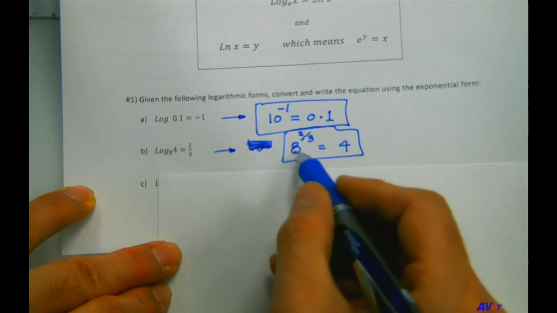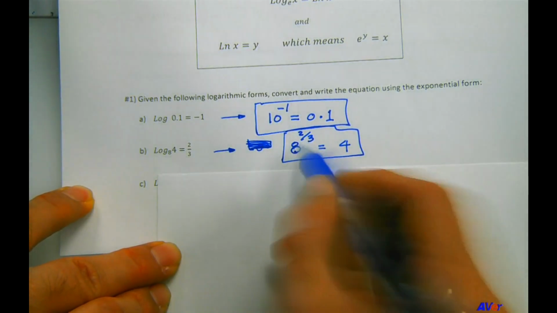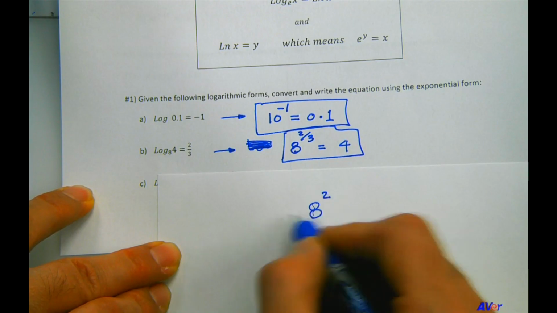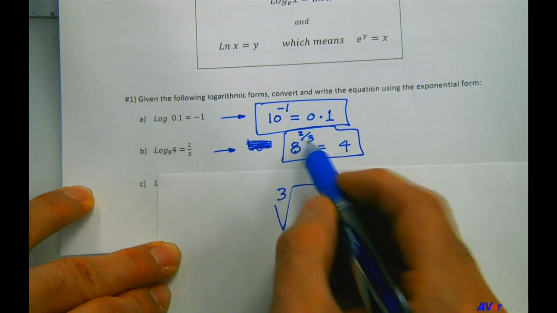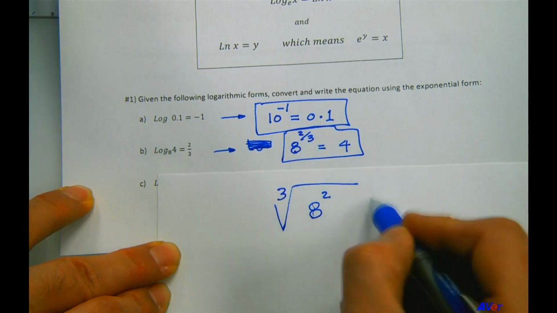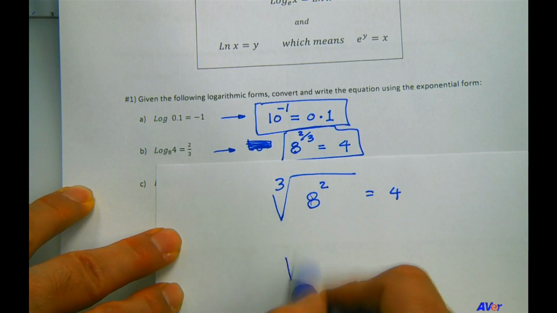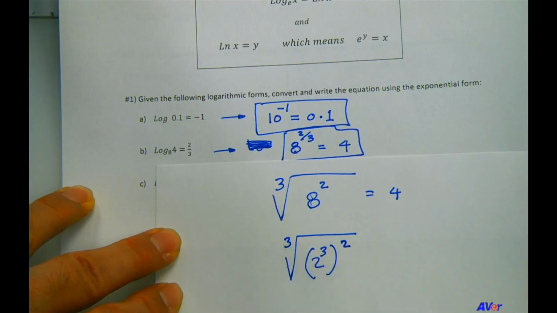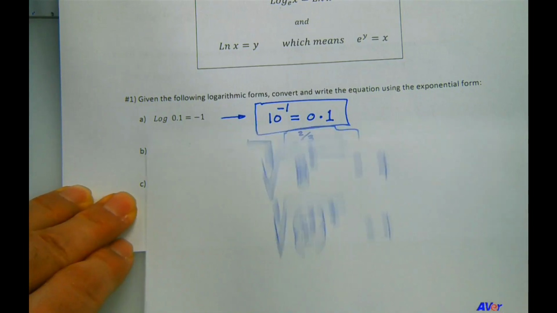But we can simplify the left-hand side, right? We know any rational exponent is equivalent to a radical expression, right? So the 3rd root of 8 squared is the translation of the left side to radical form, equals 4, right? And then 8 can be written as 2 cubed, so the 3rd root of 2 cubed squared equals 4, right?